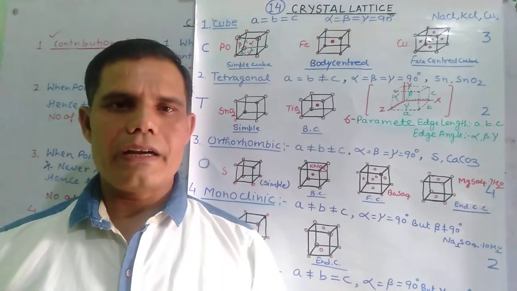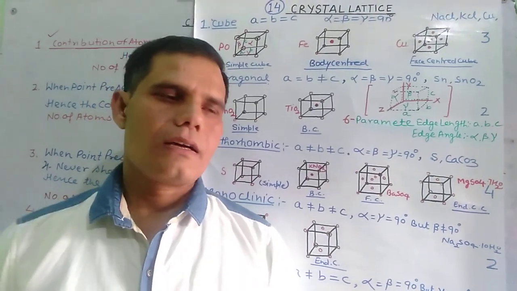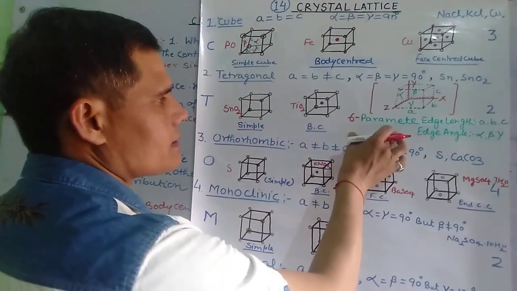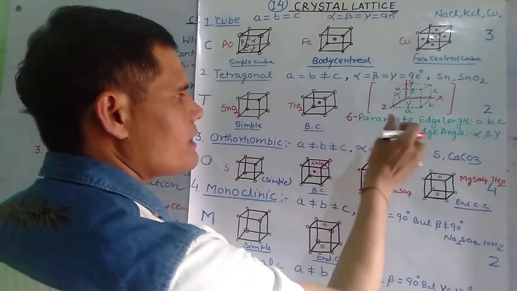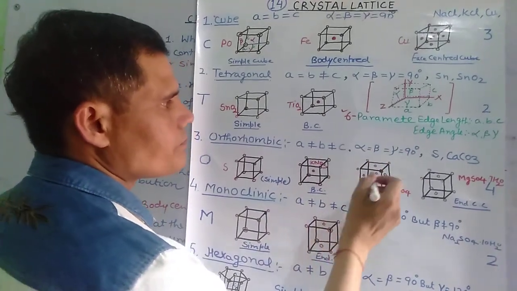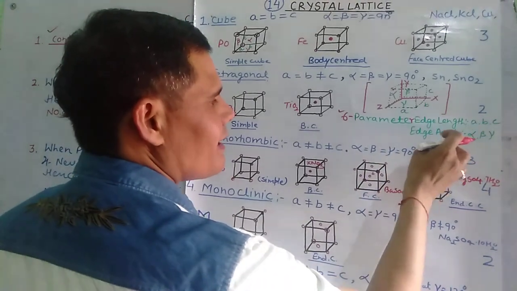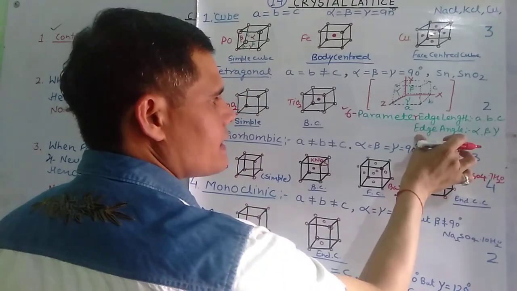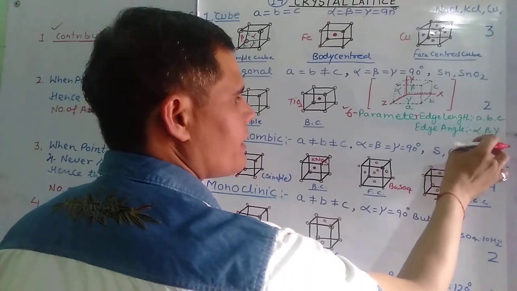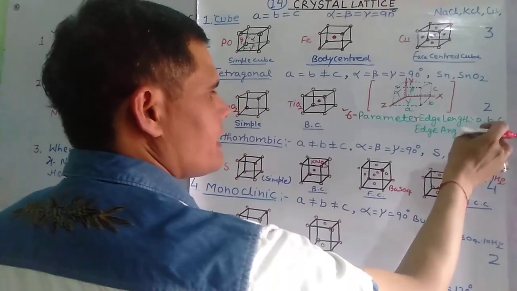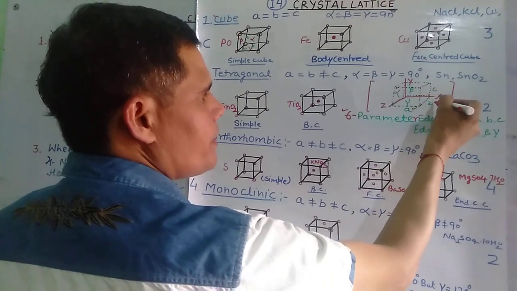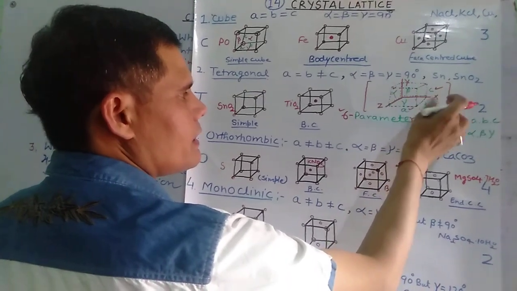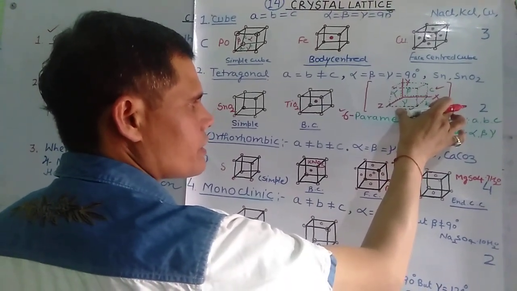There are 7 types of unit cell which are given as follows. The types of unit cells can be represented on the basis of 6 parameters, and these parameters are edge lengths A, B, C, and the edge angles alpha, beta, and gamma. They are represented in the following structure.